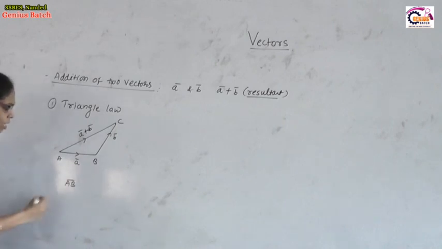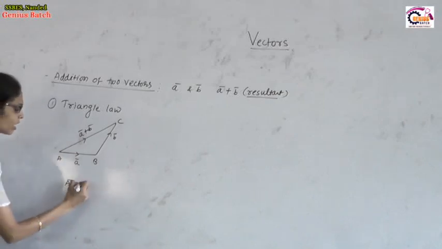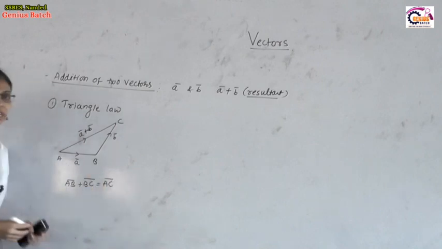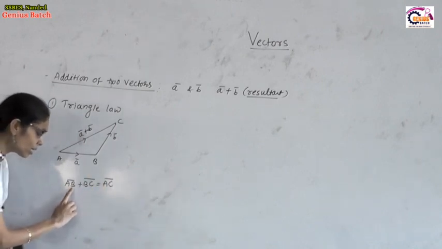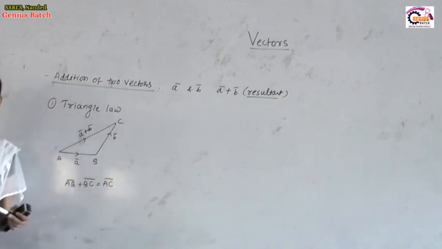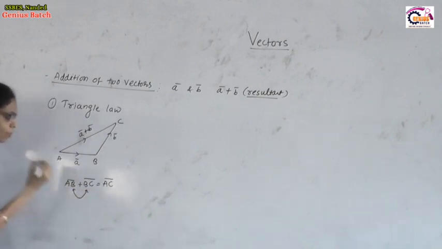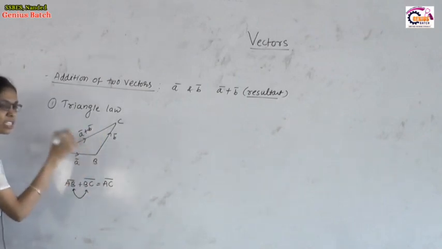Vector AB, if I represent this vector using initial and terminal point, vector AB plus vector BC, this is equal to vector AC. So in triangle law, terminal point of first vector is the initial point of second vector. See, B is common here. Terminal point of vector AB is B. Initial point of vector BC is also B.